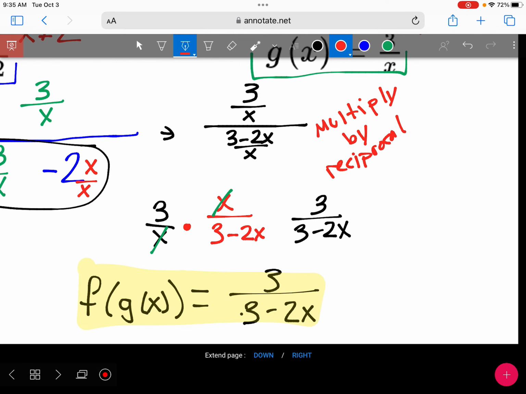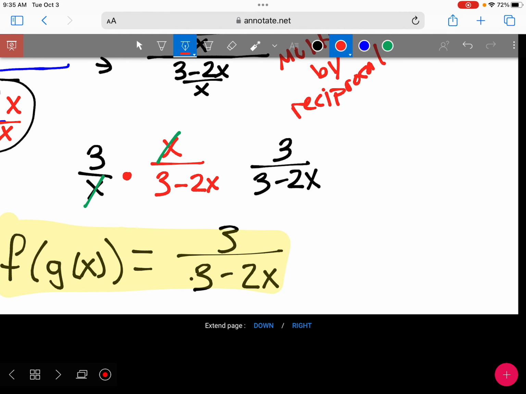So look at our new function rule. What can't our denominator be here? Yeah. So we're having a new rule on here. I still can't divide by 0.